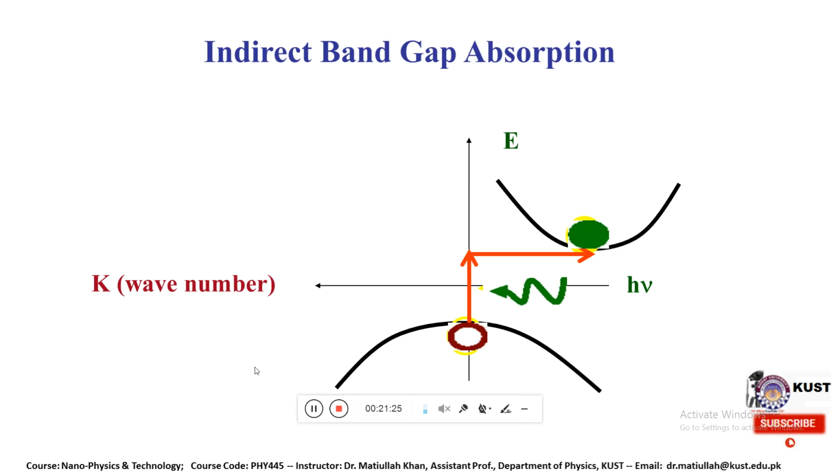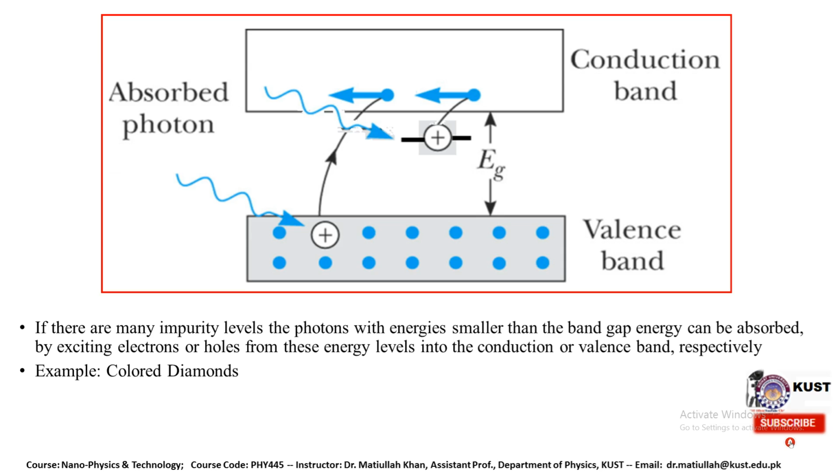This is an example of an indirect band gap semiconductor transition, where an electron is shifted from the valence band toward the conduction band with the help of an impurity level or defect level that is created in the band gap. A direct transition is not possible here, because the maximum of the valence band and the minimum of the conduction band lie at different values of k.